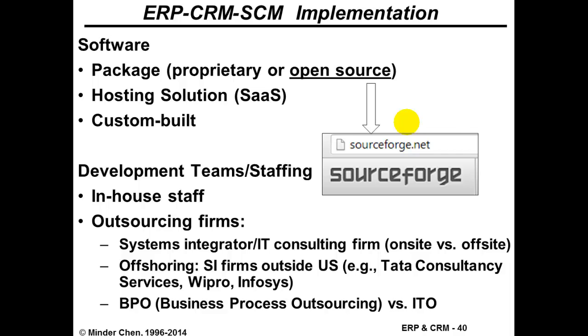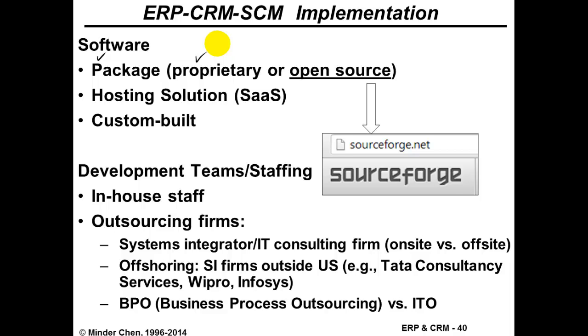Last but not least, let's come back and talk about implementation of this type of enterprise-wide application system, ERP, CRM, or SCM, supply chain management. The implementation can be done through packages. That's kind of our focus. But even for packages, there are proprietary ERP packages, such as SAP or Oracle E-Business Suite.